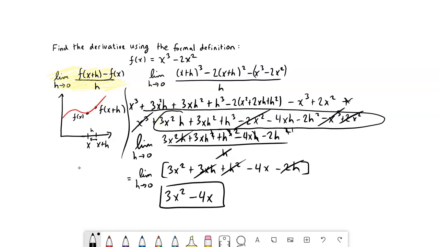I got rid of all the h's because every term shared a common factor, and this is usually when you know you are doing something correct, when a lot of stuff starts canceling out, especially with a polynomial like 3x cubed minus 2x squared. And then we see that a lot of things evaluate to 0 when you plug in the limit. If you know how to do it using the power rule, you can always use it as a double check method. Remember, you just bring the power down and subtract 1.